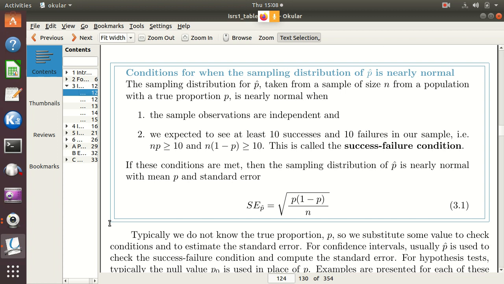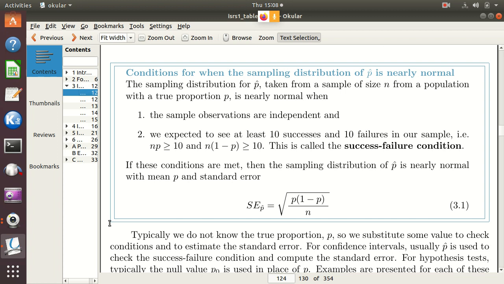And so that's why we have this symmetry that this n times p, okay, that's my expected number of successes. So if I take a sample size of 20 and I expect p to be 1/4, then my expected number of successes is 5, because that's 1/4 of 20.